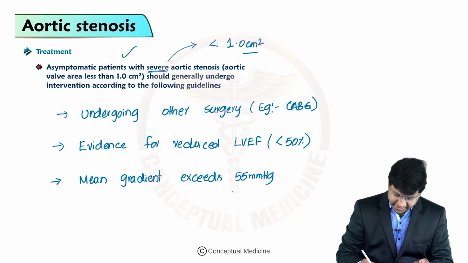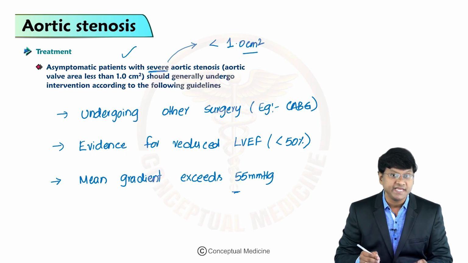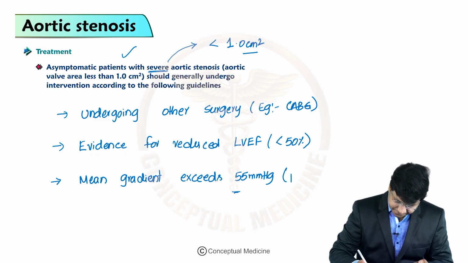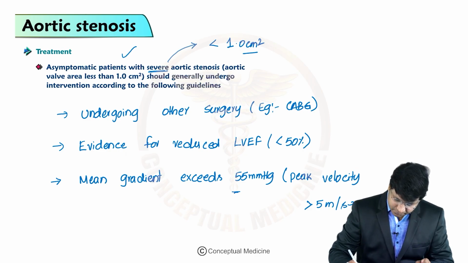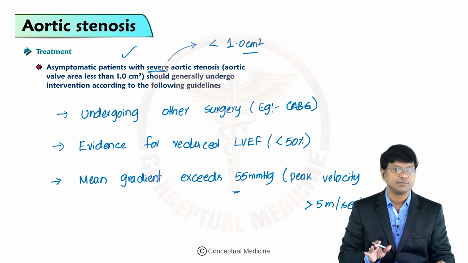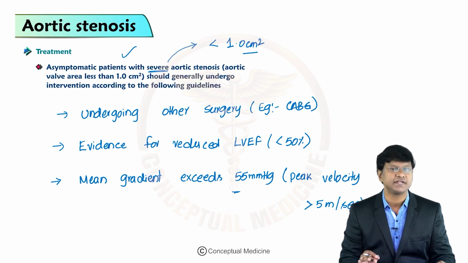So either when the mean gradient is more than 55 millimeters of mercury, or the peak velocity is greater than 5 meters per second. Okay, so these are some of the scenarios with asymptomatic patients with severe aortic stenosis where they have to undergo aortic valve intervention.